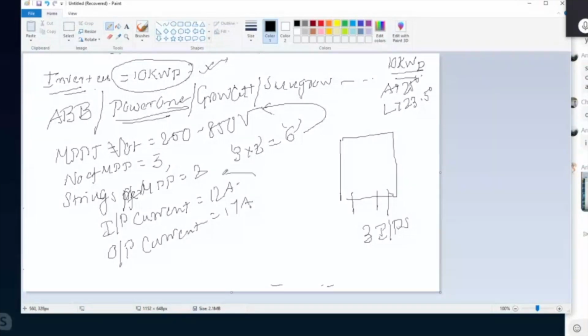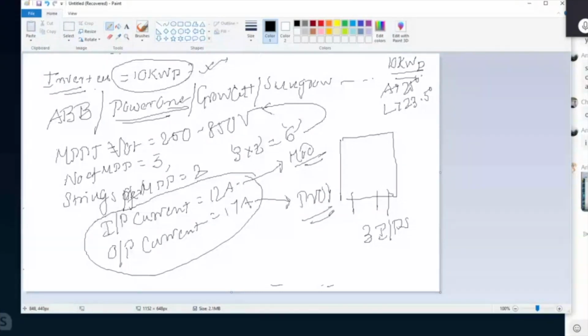Now it will be used in two parts: the input current we need to use for selection of the module, and the output current is for the protection system. So for the module and the AJB, that is the array junction box, or the protection device we are going to put between module and inverter, we need the input current. And we need the output current of 17 amps for designing the protection system after the inverter, before the grid or the load.